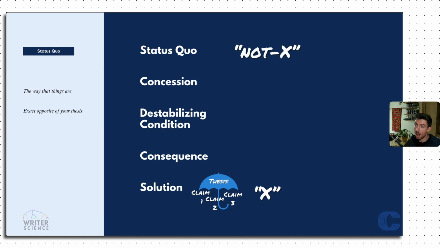Let's go up to the top, to the status quo. Status quo is Latin. It means the way that things are right now. And basically, we want the status quo to be the exact opposite of our thesis. If your thesis is X, then the status quo is not X. So for example, we were talking about personal pronouns.